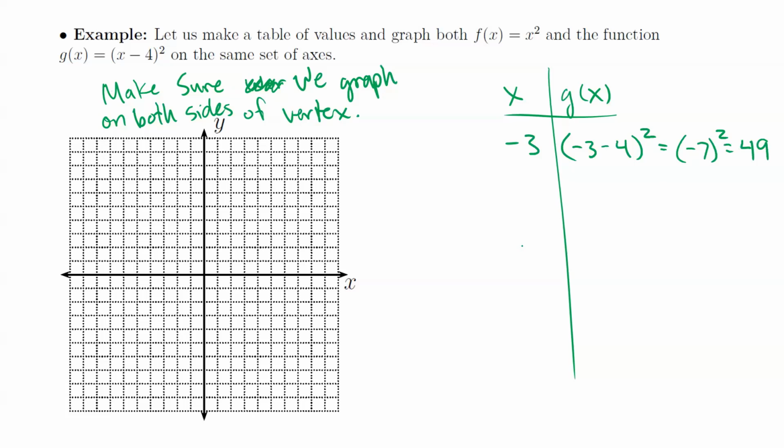So let's skip ahead a little bit. Let's think about what would give me a nice small number to square. Well, the smallest I can think of is if I picked 4, right? If I put 4 minus 4 and squared it, of course, that gives me 0. So if I go over to x equals 4, y equals 0, there's one of my points.